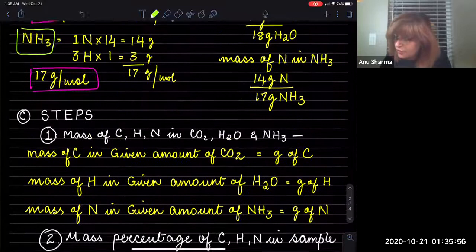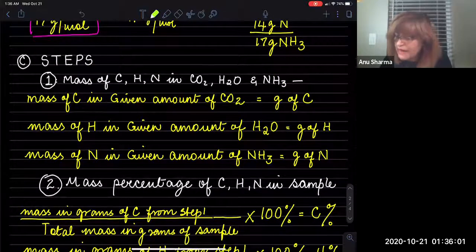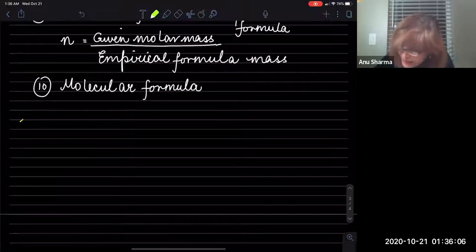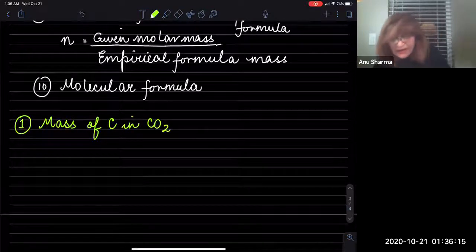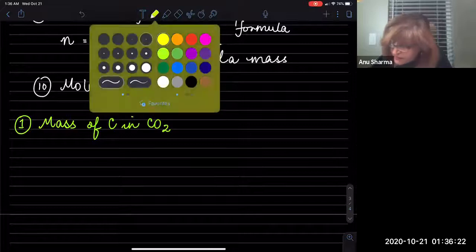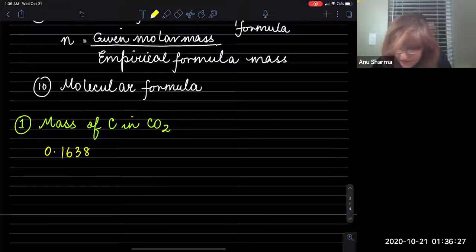I've already done this part. Now I'm going to start the first one. The first step is finding the mass of carbon in carbon dioxide. So our step one is the mass of carbon in carbon dioxide. And what is that? The carbon dioxide given to us is 0.1638 grams of carbon dioxide.